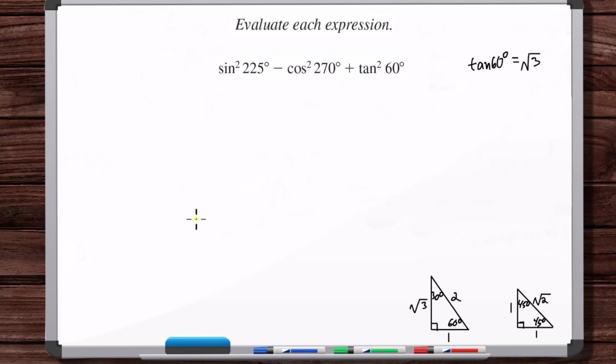Okay, now what about sine of 225 and cosine of 270? So 225 is 180, and then to get to 225, you go 45 degrees.